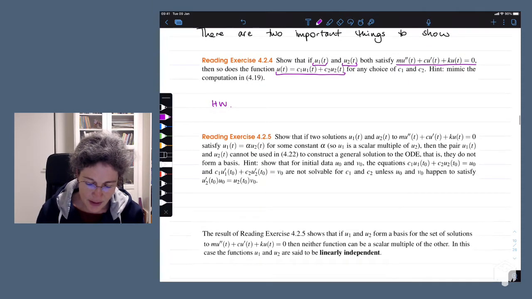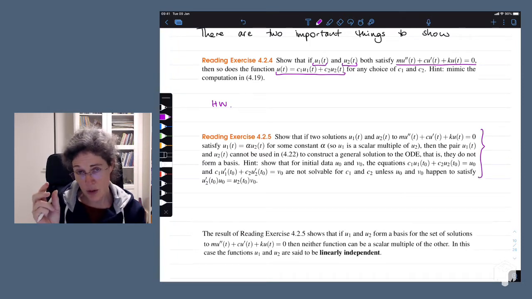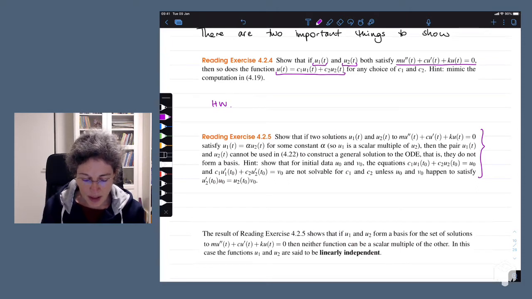But this exercise is also important because it shows us that you can't just take any two specific solutions. In particular, if you take two specific solutions that are multiples of each other, so for example u1 is alpha times u2, it's going to turn out that you can't actually get a general solution.